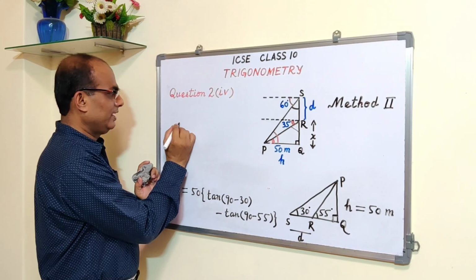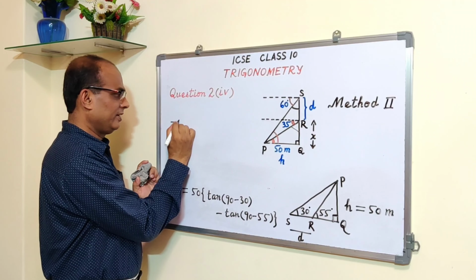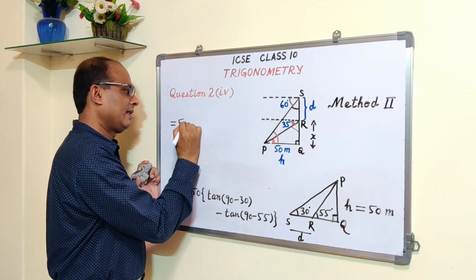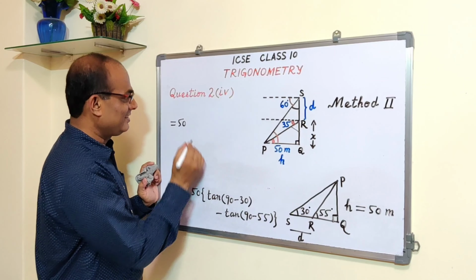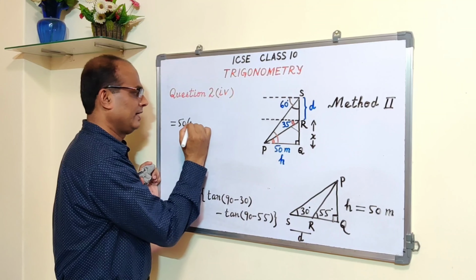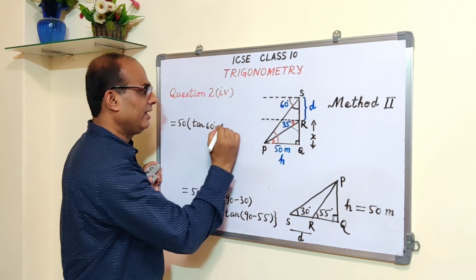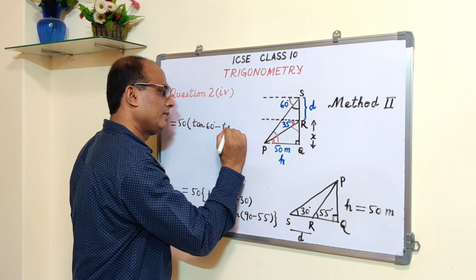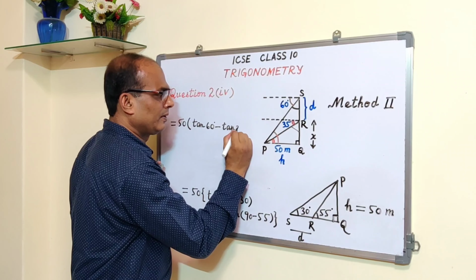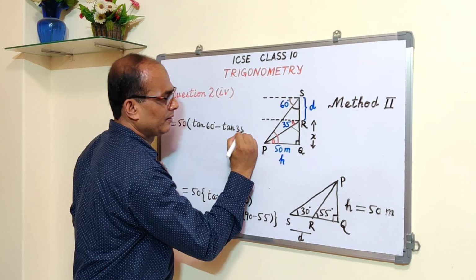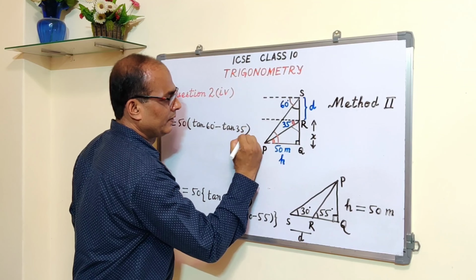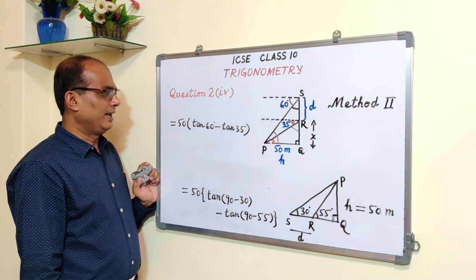And this gives you 50 tan 60 minus tan 35.